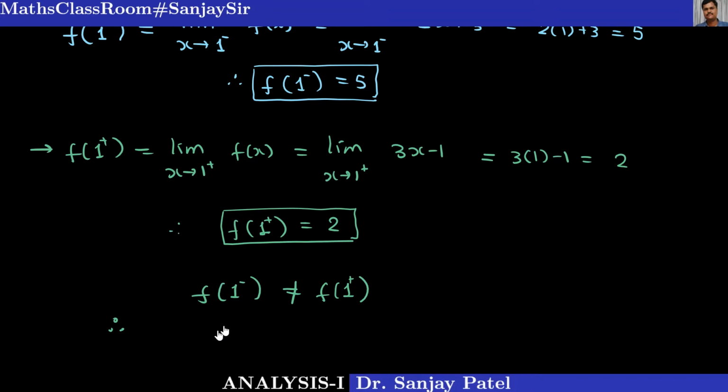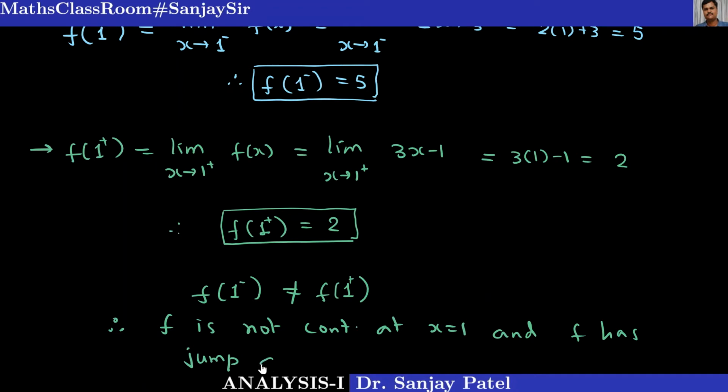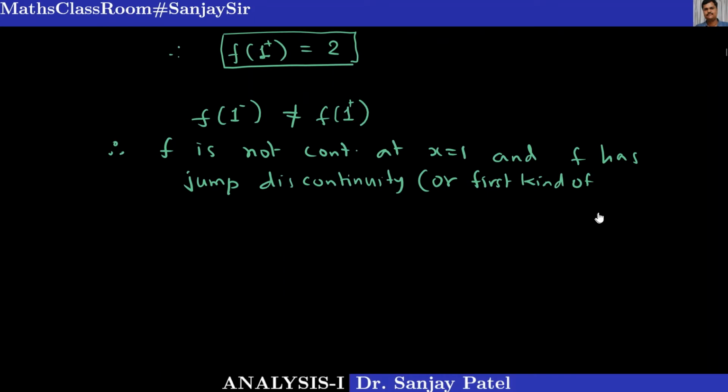Therefore, directly from the definition, f is not continuous at the point x equal to 1, and f has jump discontinuity, or you can also say f has first kind of discontinuity at the point x equal to 1.